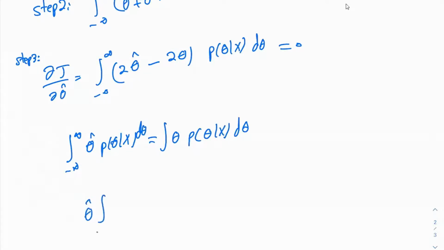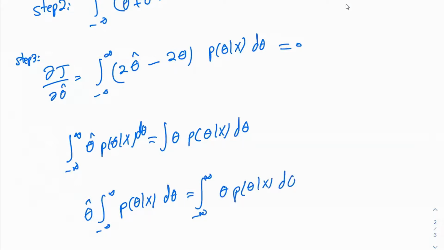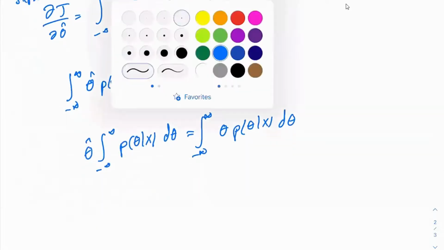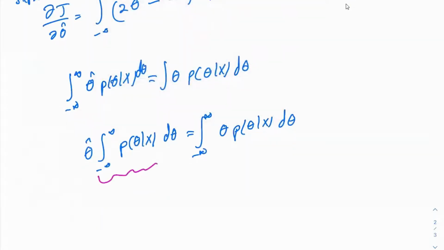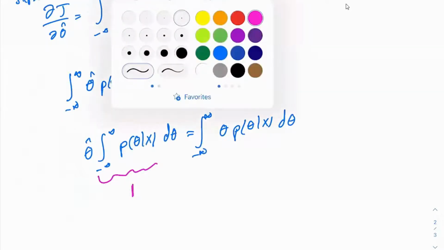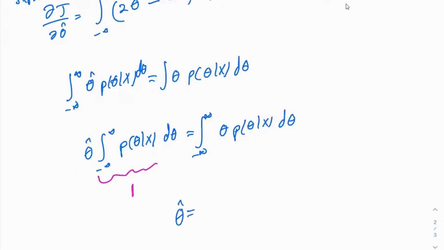You get theta hat times the integral of p of theta given x d theta equals the integral of theta p of theta given x d theta. Look at this. What is this expression? Whether it's posterior or anything else, it is a probability after all. You are calculating the probability for all values of theta. What is this? 1. Axiom of probability. This is 1. Therefore, the scalar theta hat is equal to the integral from negative infinity to infinity of theta p of theta given x d theta.